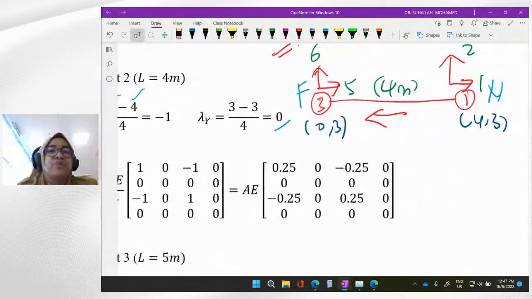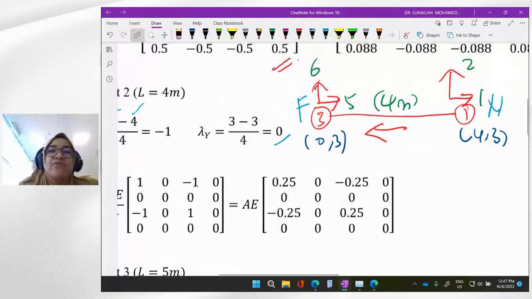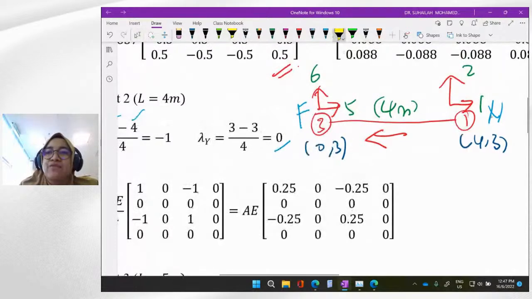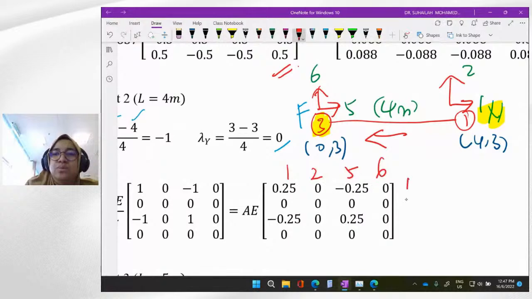The most important thing is the label. We label starting from near. Near is 1, 2, far is 5, 6. So it is 1, 2, 5, 6.